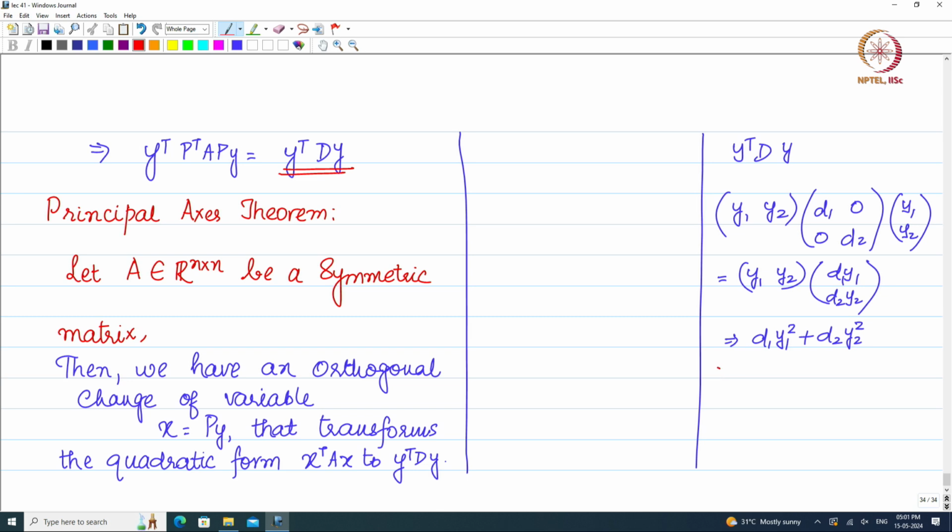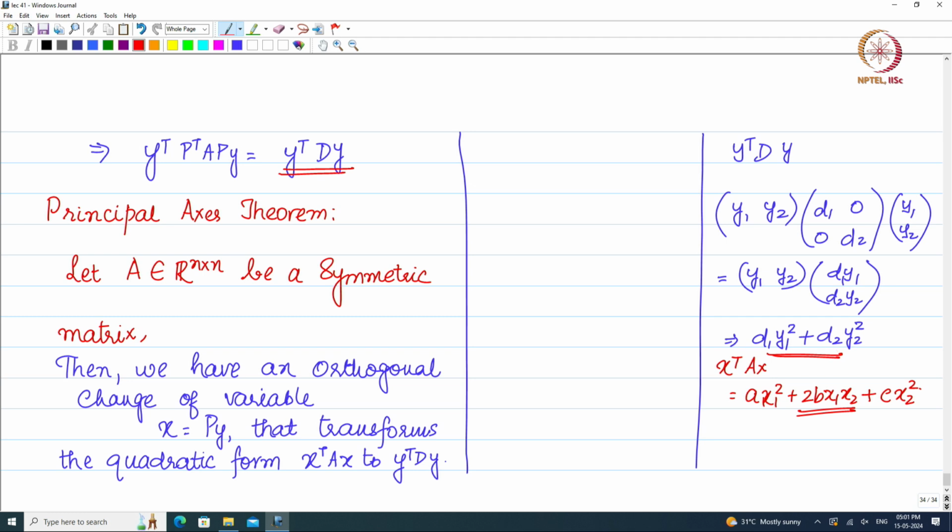What was the original quadratic form that we had, x transpose A x? Basically we had a x1 squared plus 2b x1 x2 plus c x2 squared. Now we had this cross term, and by this orthogonal change of variable, what did we do? We came out with a quadratic form in which the cross product term vanishes.